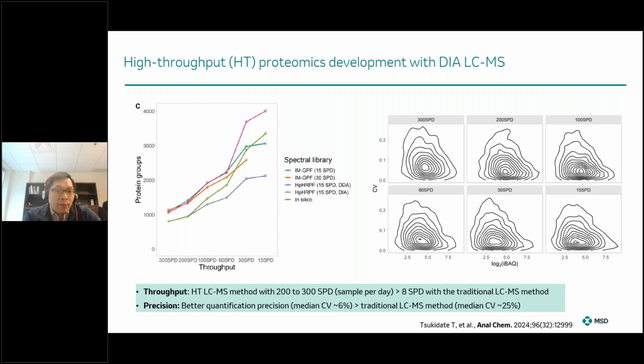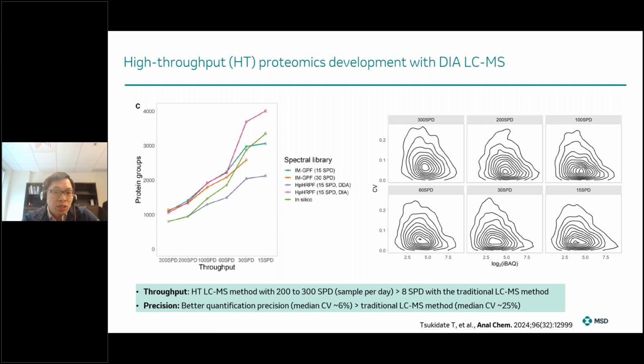we are able to identify more proteins compared to the traditional throughput we did, about 8 samples per day, which significantly increased the throughput while we are still able to achieve a significant amount of coverage in terms of host cell protein identification. On the precision side, right, we also achieve really good precision.